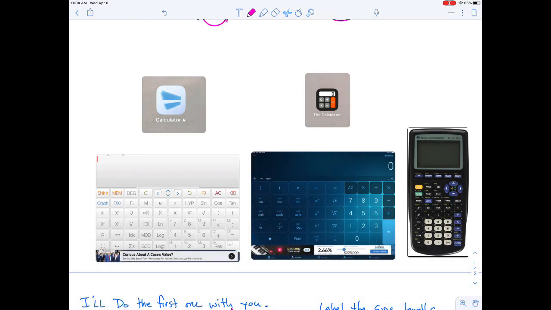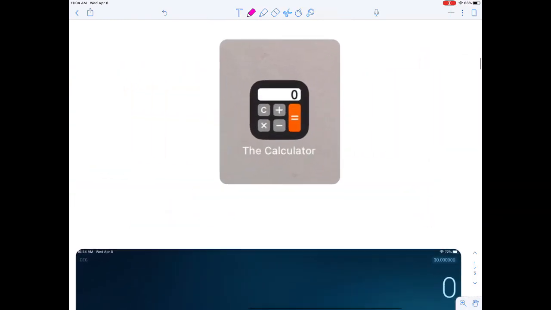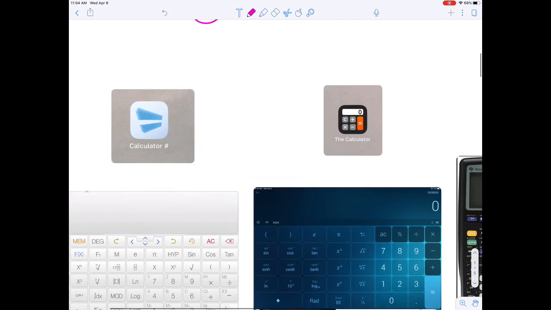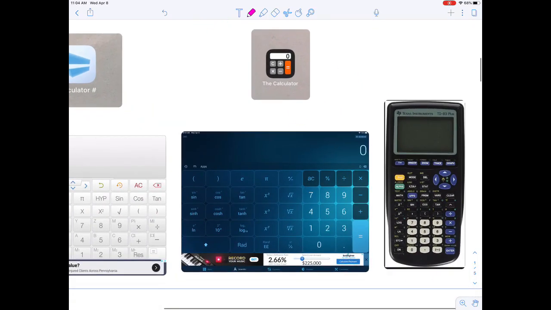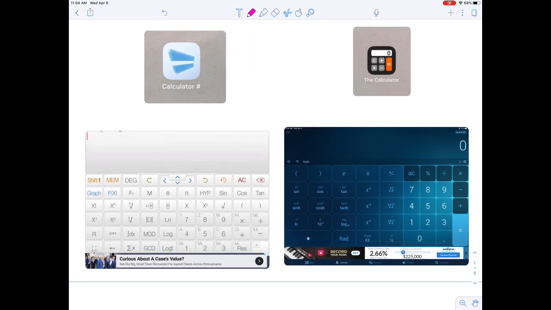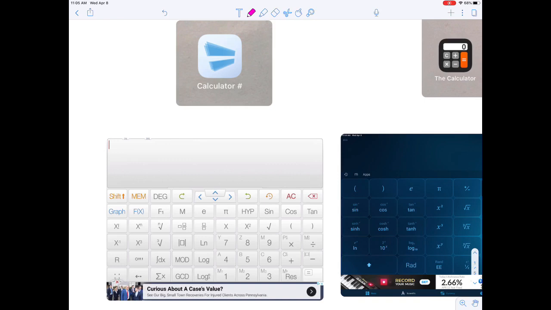I believe both of these, the one on the left and the one on the right, are both available in self-service. And then some of you have calculators that are similar to the Texas Instruments. So let me show you where you're going to find these things. First, if you're using this calculator option here, you're going to notice that on the right-hand side you have sine, cosine, and tangent, but those aren't what we want. We want the inverse of each of those.